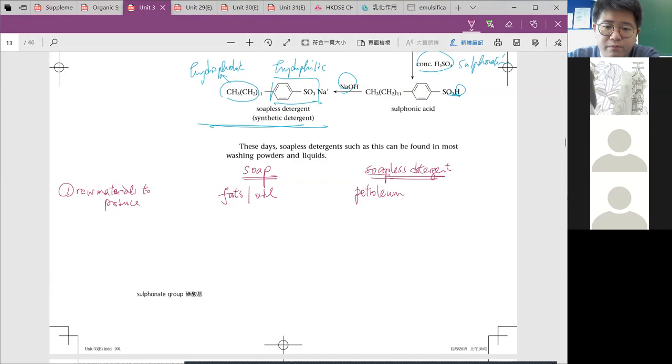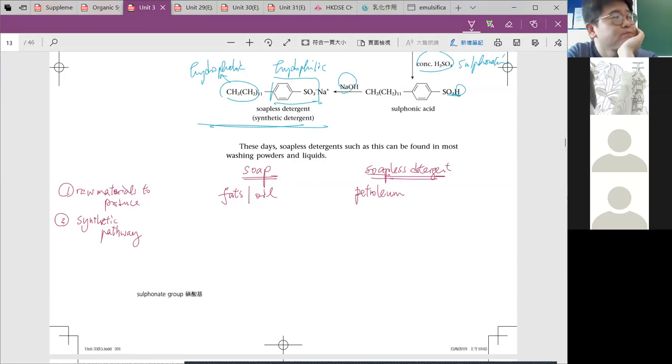Okay, it's from petroleum. So you need to have a long pathway of synthesis, right? So the synthetic pathway. So how to produce this? Soap. How can we get the soap from fats and oil? 盧少華 here.